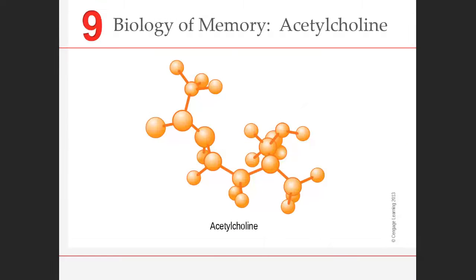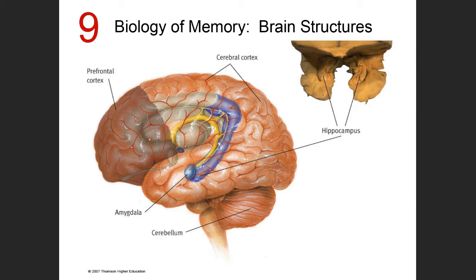Okay. Just some of the biology of memory. Acetylcholine is one of the neurotransmitters involved in memory formation. And then, of course, the hippocampus is one of the brain structures involved in memory.